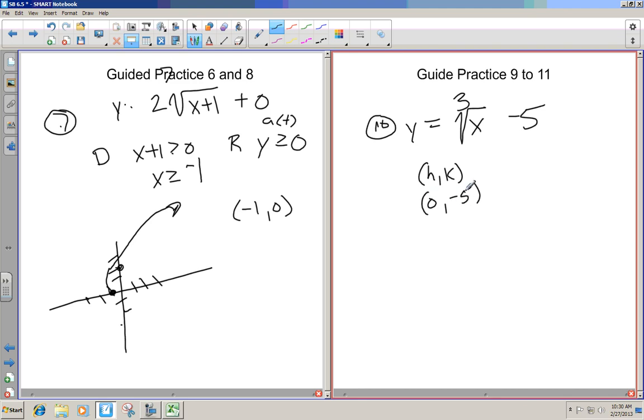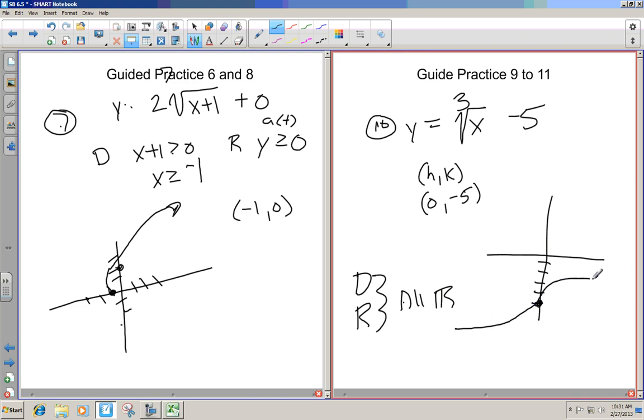So I already know my first point. The domain and range you should be happy about because it's all reals. And as far as graphing this, we know that 0, negative 5 is a good choice. And when you sketch this in the calculator, you should get something that looks like this.